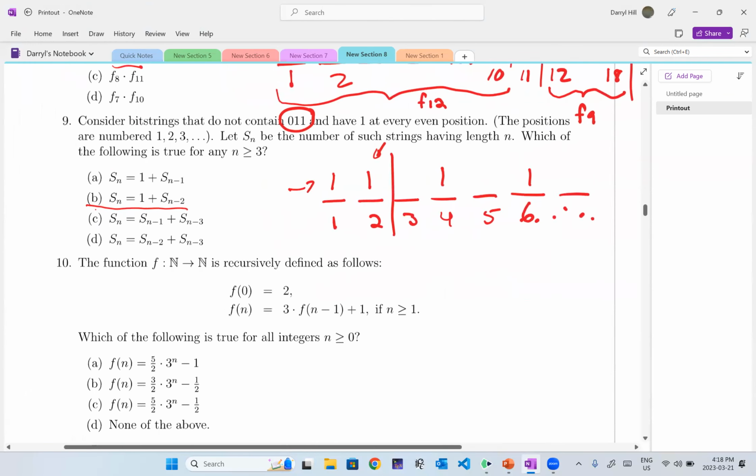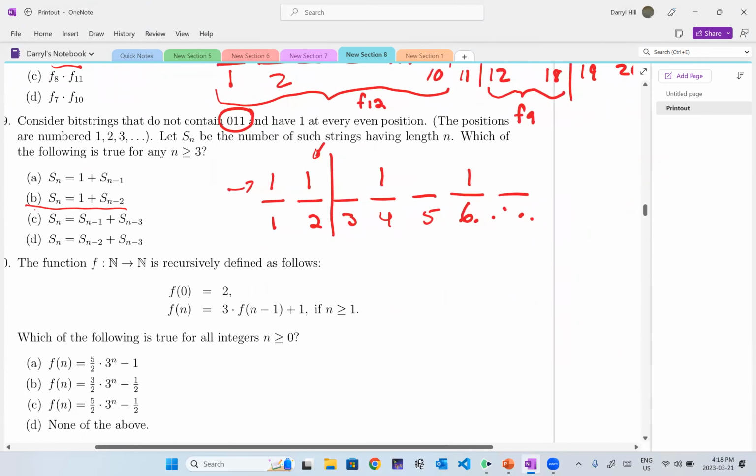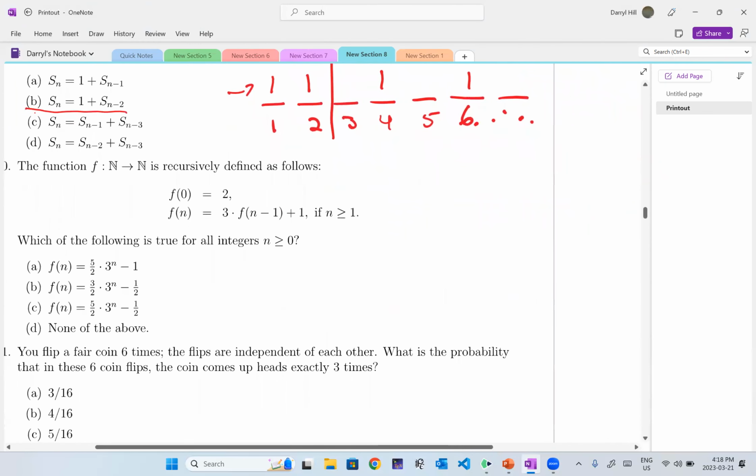This question 10, this is simply proof by induction, but what you want to do right away is eliminate as many options as you can using the base case, right? Given that I have a base case and a recurrence essentially, I want to prove that one of these is the closed form.